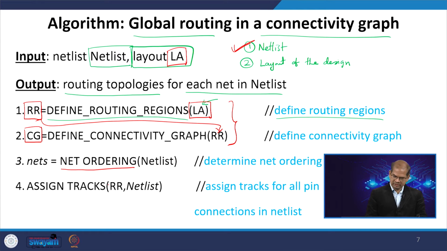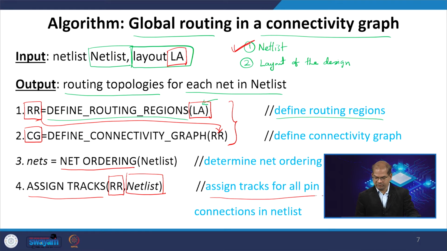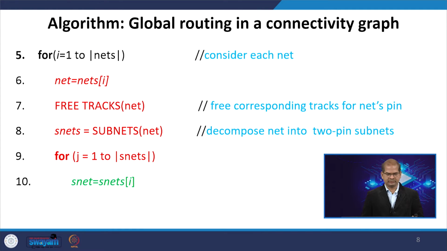After the net ordering is done, we provide the routing region RR and the netlist to the function assign tracks. So, we will assign tracks for all the pins connected in the netlist. The routing regions and the netlist are given, and it will assign tracks to all the pins in the netlist.